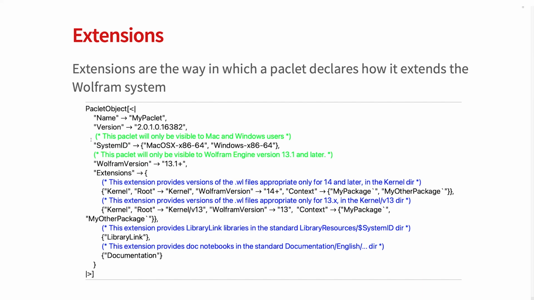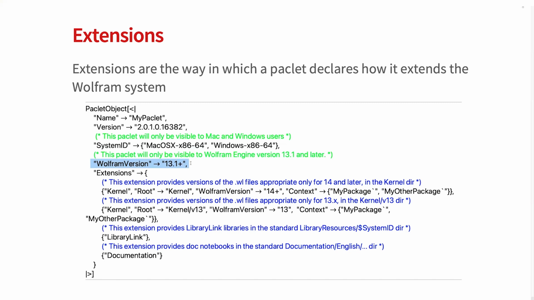Now, the comments in green are sort of top-level rules in the Paclet info file. So this Paclet says, I only work in those system IDs. And it says I only work in Wolfram version 13.1 and later.